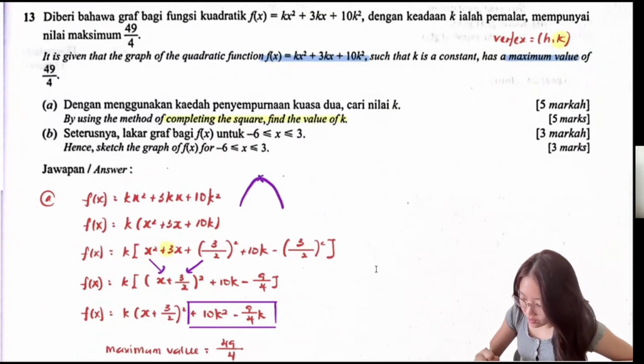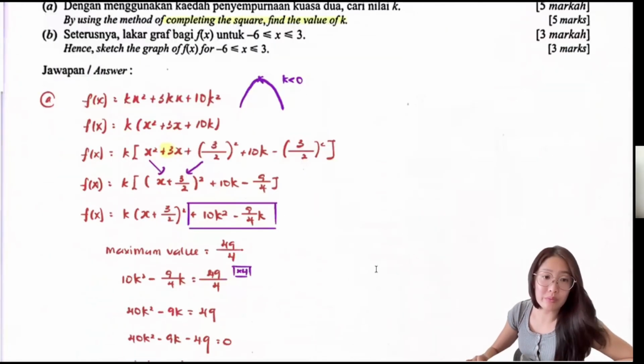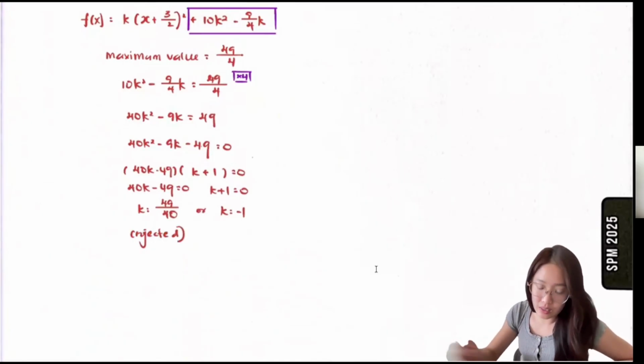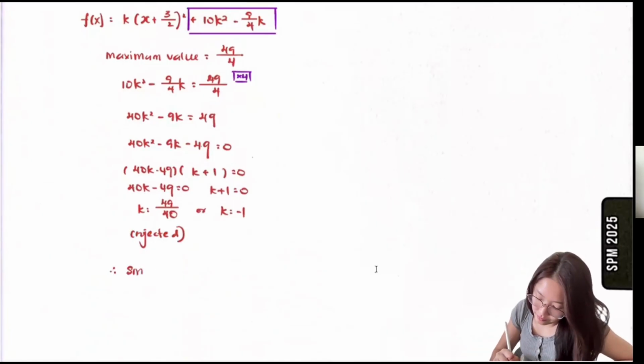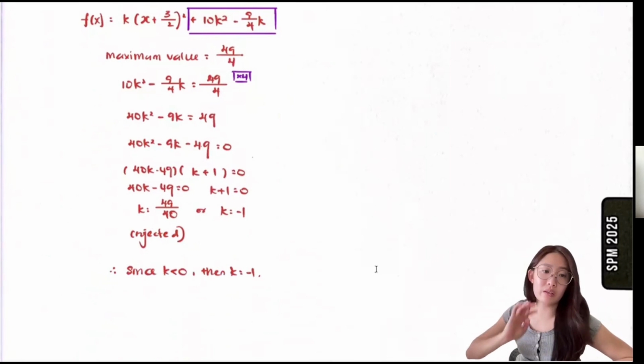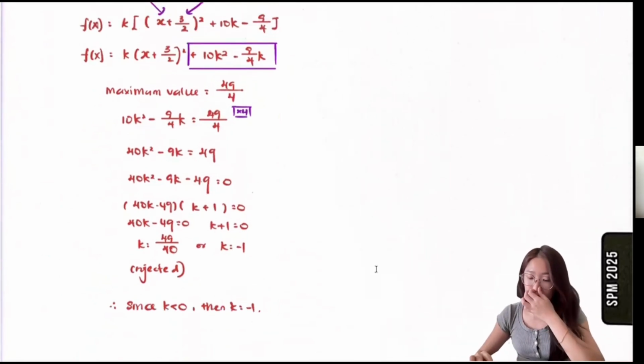A sad face means your k is less than 0. So you're not gonna accept 49/40. You're gonna put the word rejected over here. Or you can say, since k must be less than 0, then you accept k equals to -1. Must write something that you cannot accept both answers.